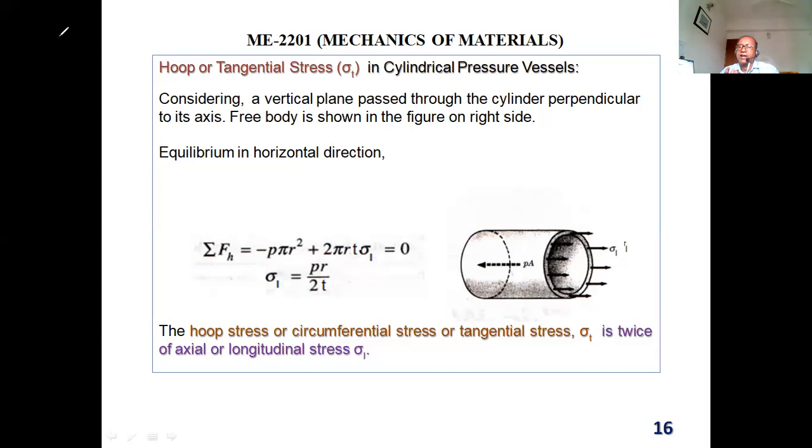Even if there is a crack, you cannot see it by your camera. But when you pressurize with the gas, then your crack will show. For example, this is the wall of your cylinder, and say there is a micro crack like that.